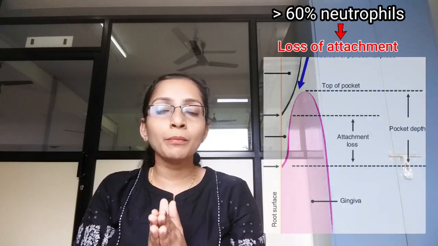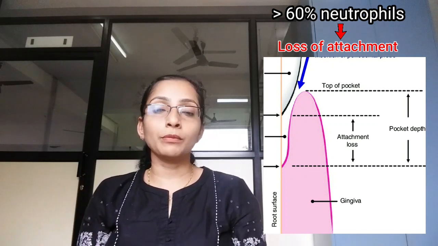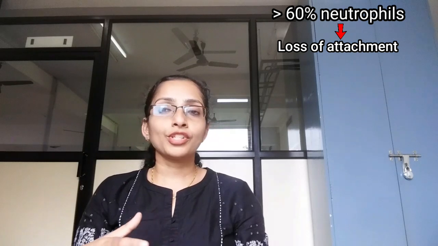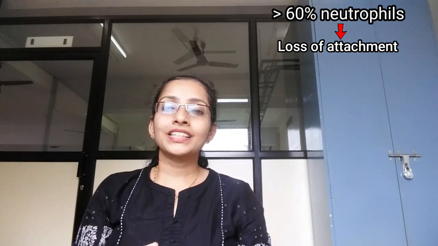If the neutrophils become more than 60% in the area, then the tissue slowly starts to lose its cohesiveness, and there begins your loss of attachment in the broader clinical picture. Okay, so if loss of attachment has started, this is what is going on microscopically. Not exactly, but yes, loss of attachment starts to take place.